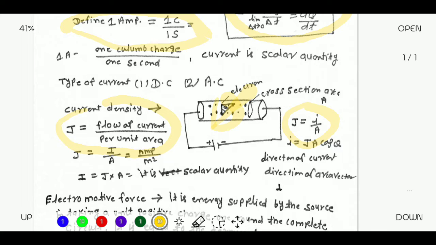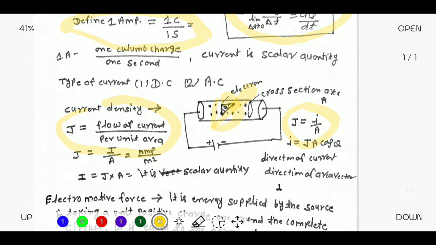So we take cos theta. The final formula is I equal to J A cos theta. When theta is equal to 0, the direction of current and the direction of area are the same, so theta is 0 degrees and cos 0 is equal to 1. Then the final formula is I equal to J A.